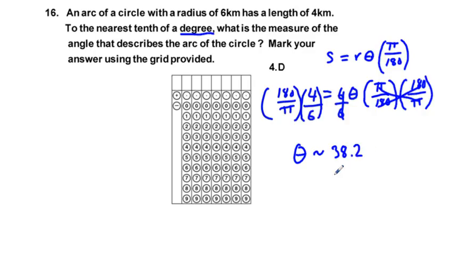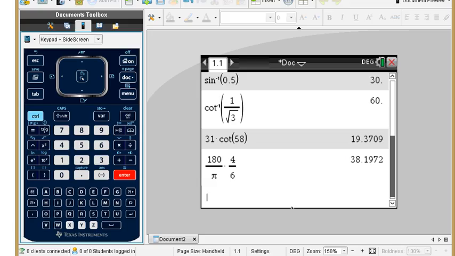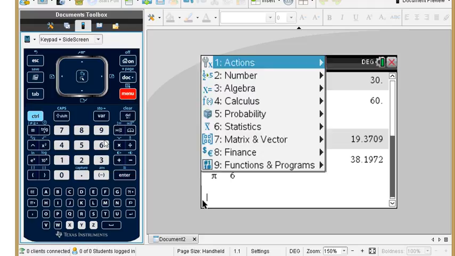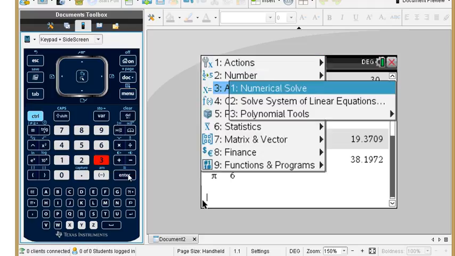Another way you could do this is just take the original formula. If we just take 4 equals 6, let's say 6x times 180 over pi. If you have a solving feature like I do in my TI-Nspire calculator, I can just go ahead and put in, it's called numerical solve. It's algebra 1.